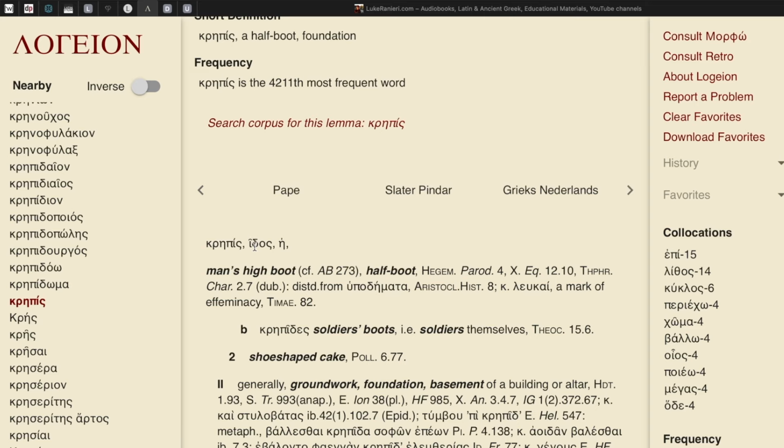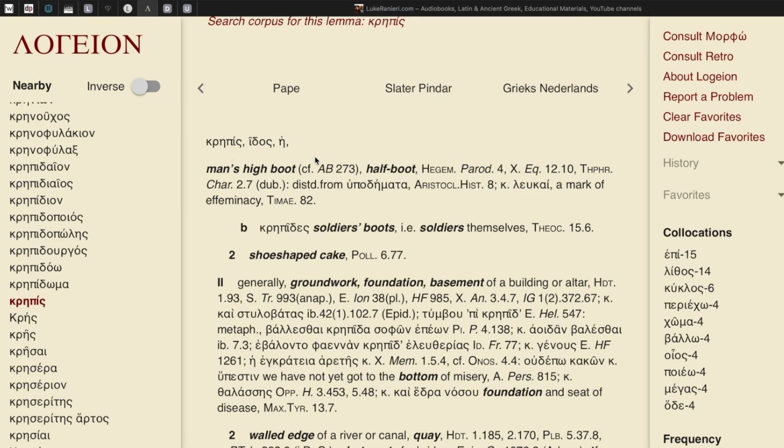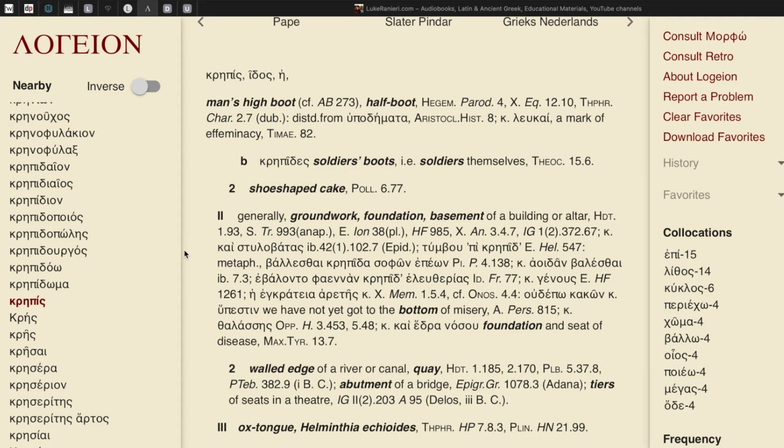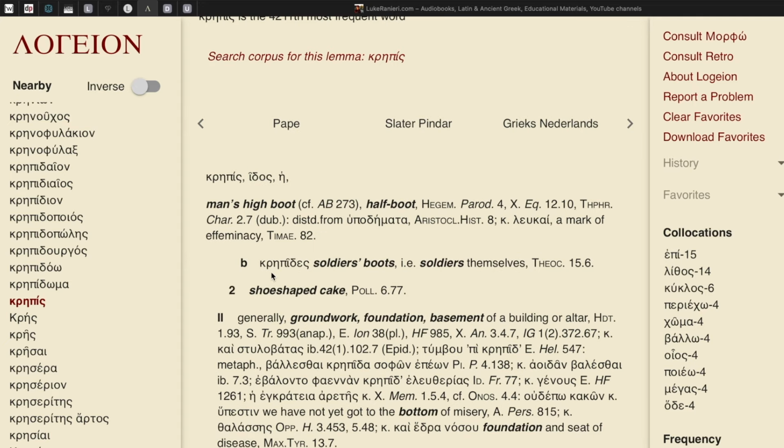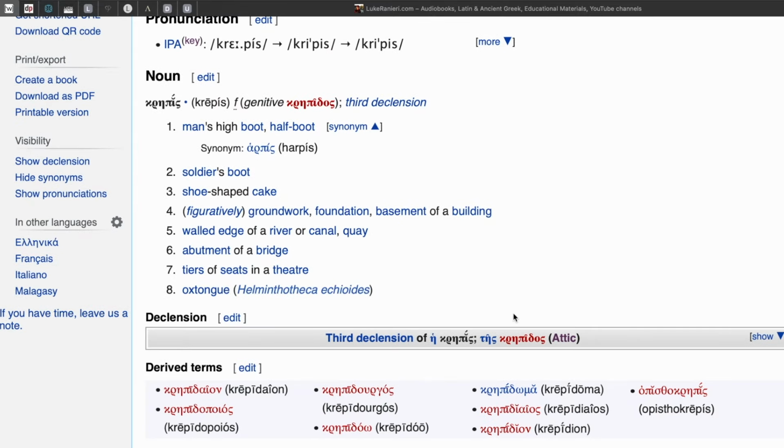Is this long or short? Because Logion is showing me that, hey, this is a long vowel. So which one is it? But we see krepides. That's very regular as well. Let's try Wiktionary. Well, Wiktionary is telling me that, no, it's in fact short here. Okay. But the genitive is krepidos.